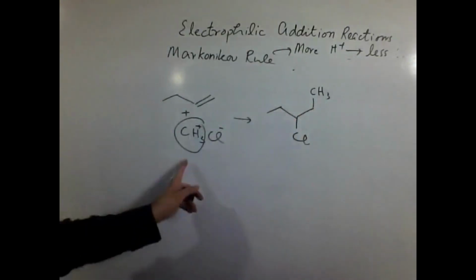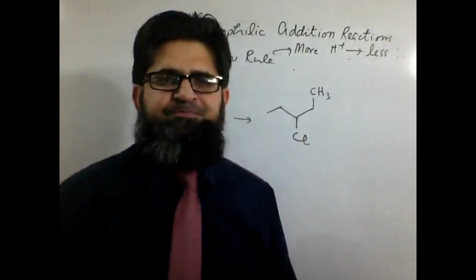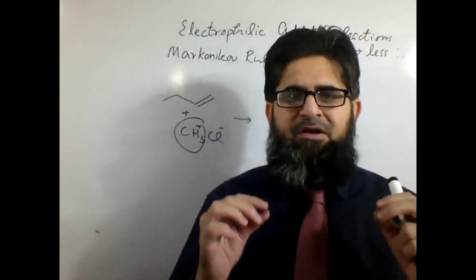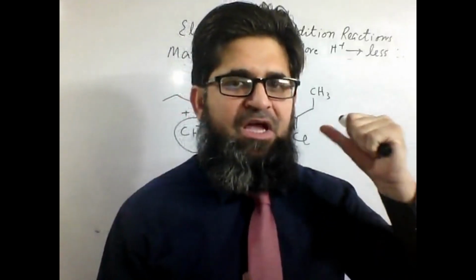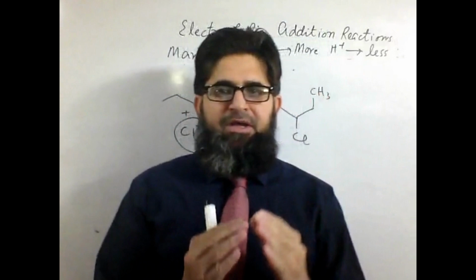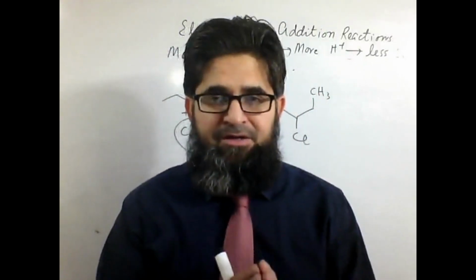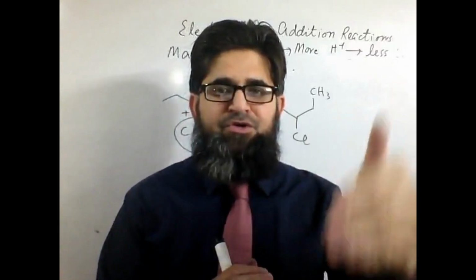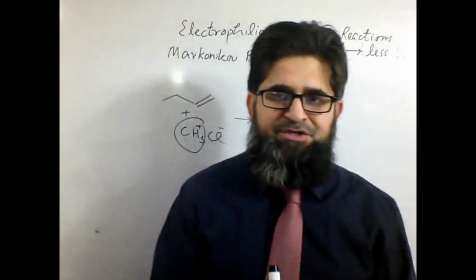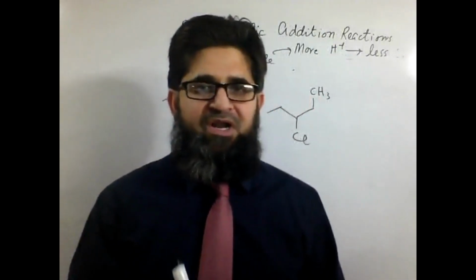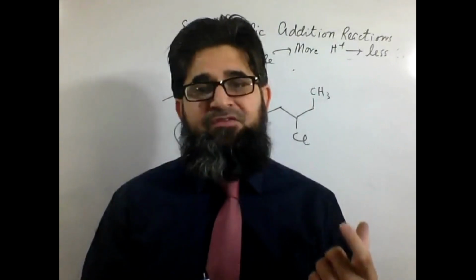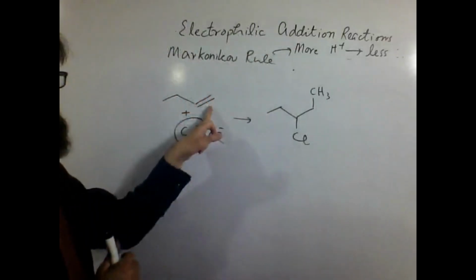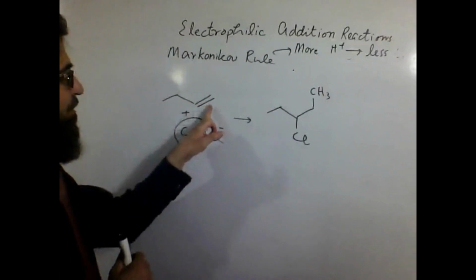As per the Markovnikov rule, this is how the electrophilic additions of alkenes are governed by the application of Markovnikov rule. Again, alkenes and alkynes are electron rich molecules. They have the capacity to donate electrons to certain species which are electron deficient. What are electron deficient? Electrophiles are always electron deficient and they need electrons, so they can come closer to the alkenes, and they can add on the alkenes.